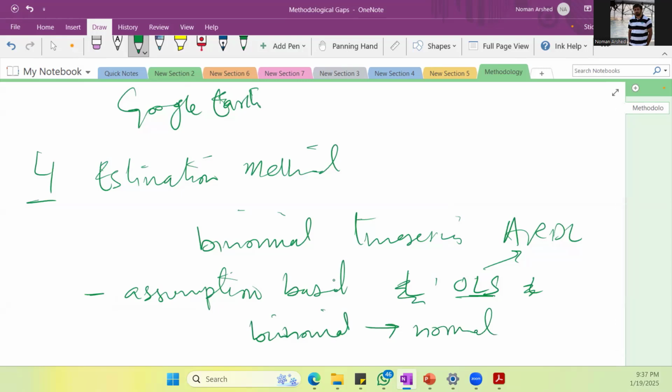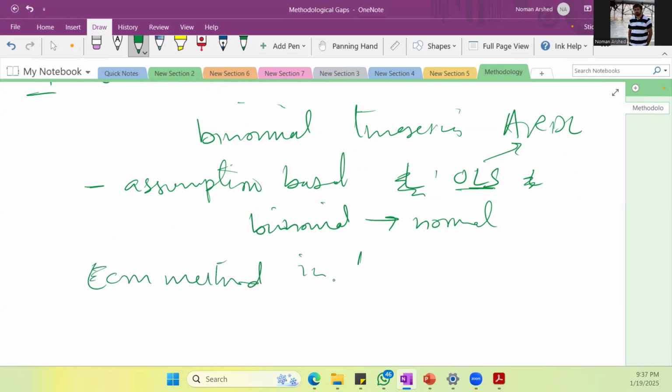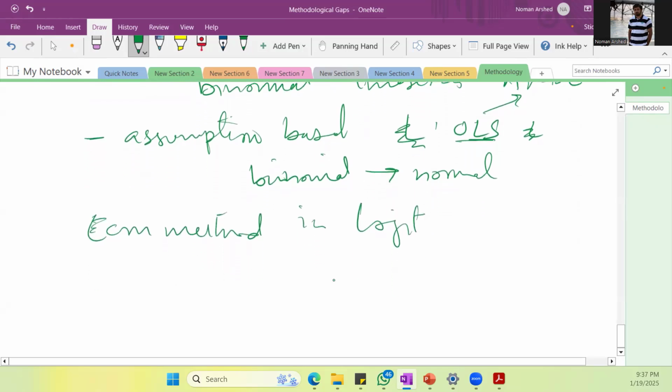This is assumption based. The second method that you can use is the ECM method in logit regression. What you can do is apply the logit regression the way logit is applied, with your dummy variable as the DV and then the IVs.